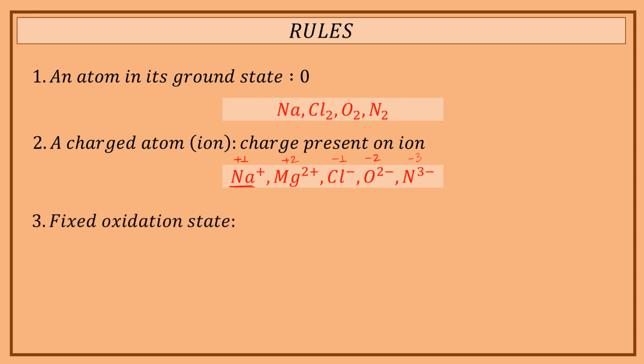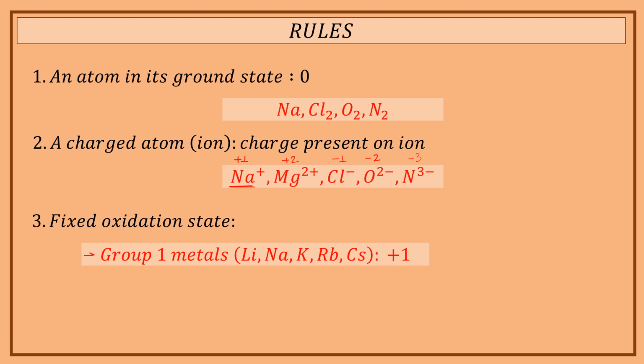Some metals and non-metals have a particular oxidation state, and this oxidation state never changes. So this rule is going to be very helpful in calculating oxidation numbers in a lot of examples. First of all, we will list the group 1 metals, which will always have an oxidation state of +1 if they are present in any compound.